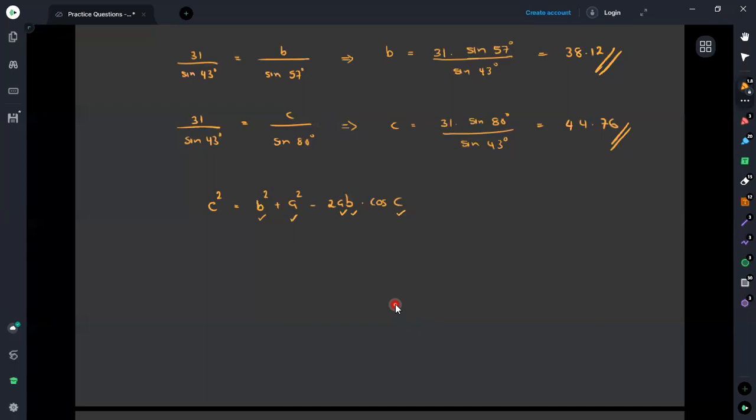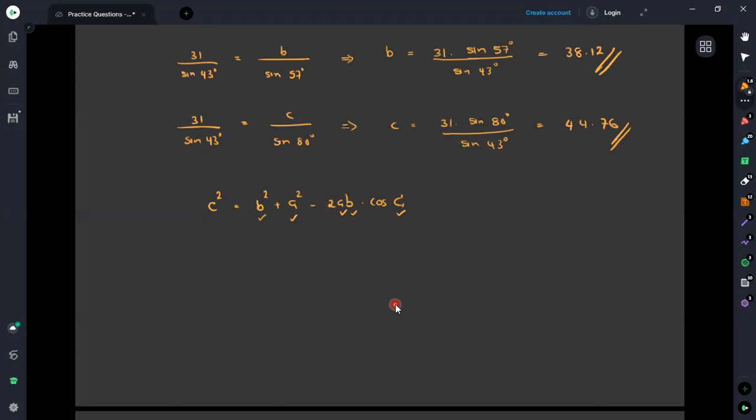It should be uppercase letter C. This lowercase c squared can now simply be obtained using this equation, since we know all the rest of the terms.